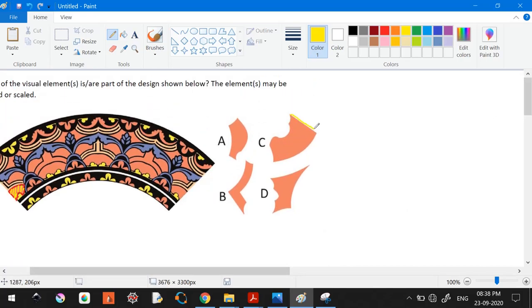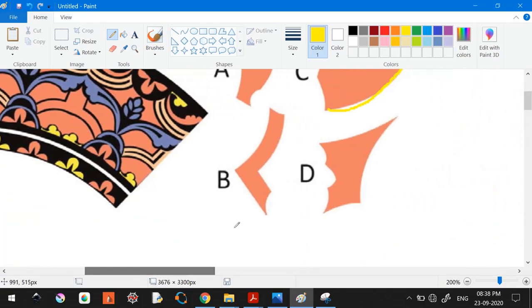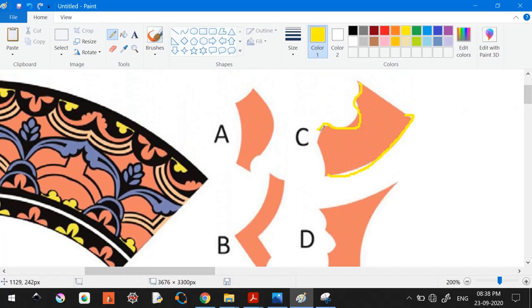I have a straight line here, which is correct. Let me remove that. I need a curvature which is this one, and at the bottom I need this thing, which looks similar to this, yes. If I zoom in, I need this curvature again, which looks like this only. So yes, I think C is what is shown here.